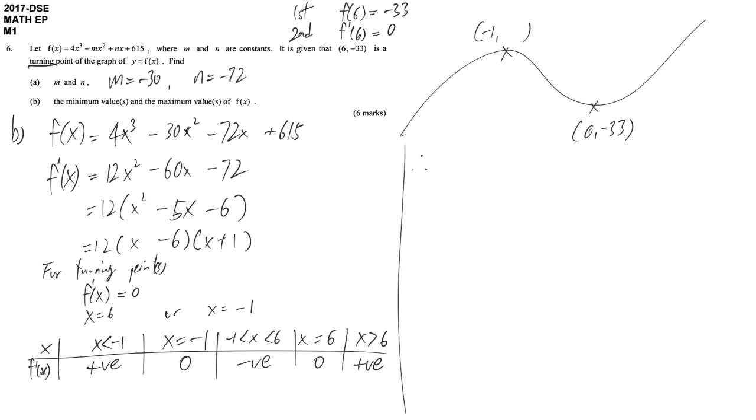So we can make the conclusion that f(x) attained its maximum when x is equal to -1. The maximum value of f(x) is equal to f(-1).